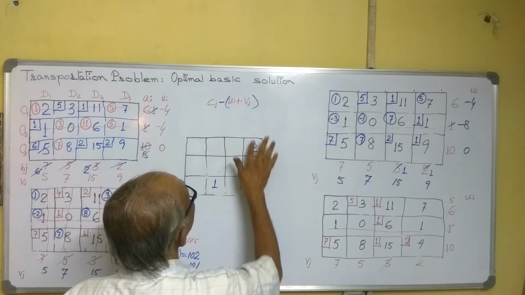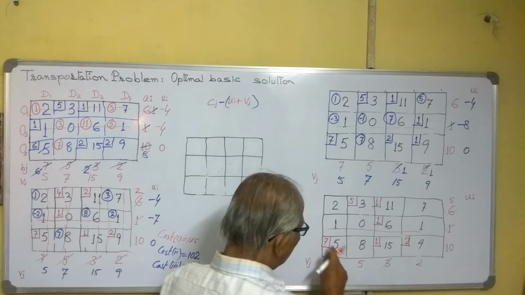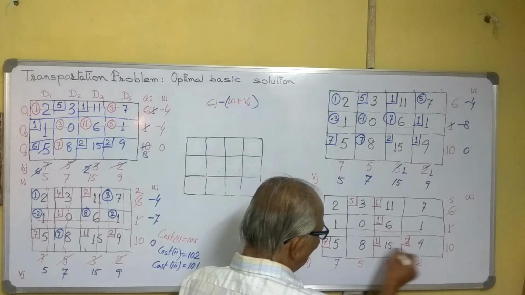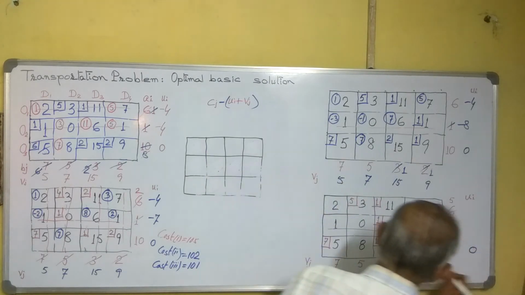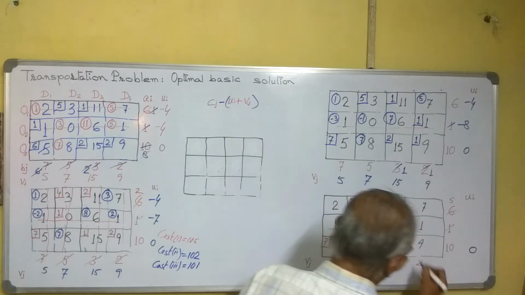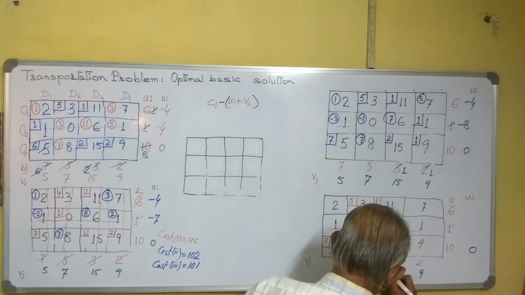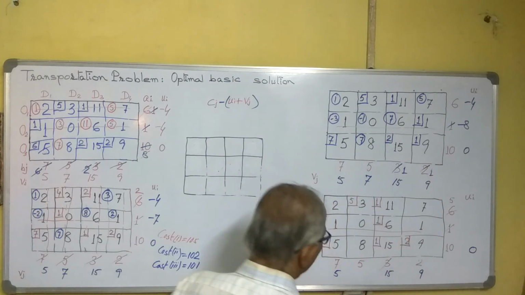So again we have to find Ui plus Vj. For this one, this is the maximum number of allotted cells. So we are putting this one 0, and for 9, 0 plus 9, 0 plus 15 is 15, 0 plus 5 is 5.